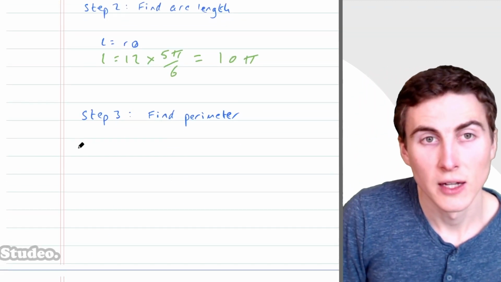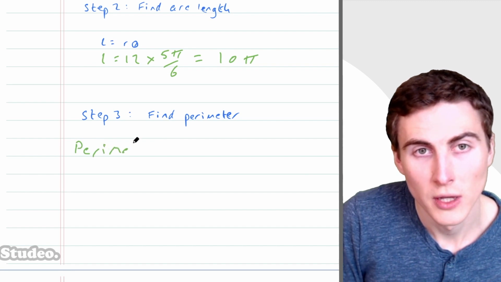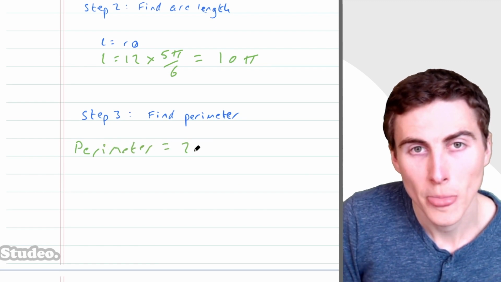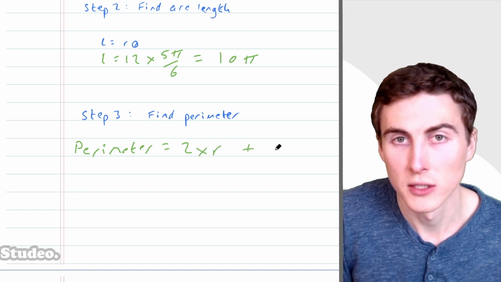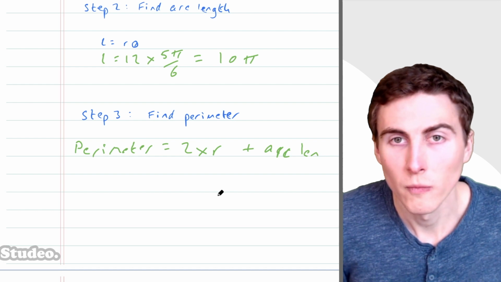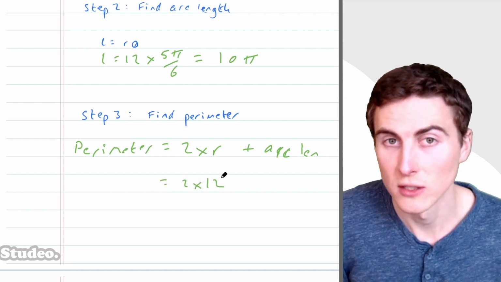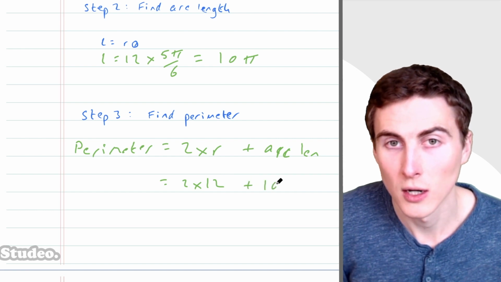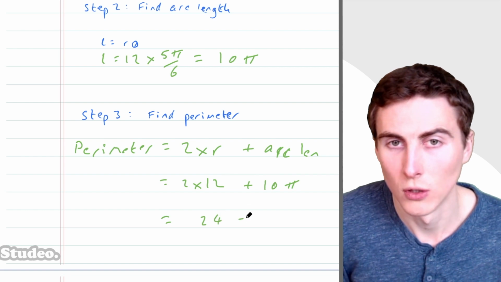So we can think of it as the perimeter is going to be 2 times the radius, so we want the 2 radii, plus the arc length. So that's going to be 2 times 12, because I've got 2 radii of 12 centimeters, plus my arc length of 10 pi, which simplifies down to 24 plus 10 pi.